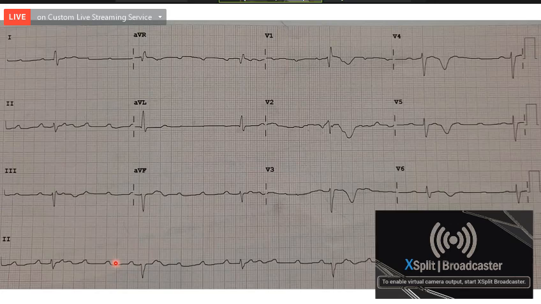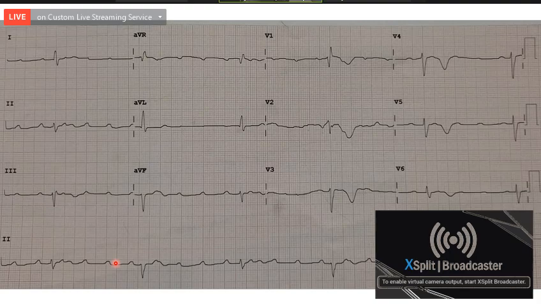Of course, here it is not difficult because you can see that the QRS is broad. The QRS in V1 indicates a right bundle branch block. So obviously you can easily diagnose that it is an infranodal high-grade AV block.